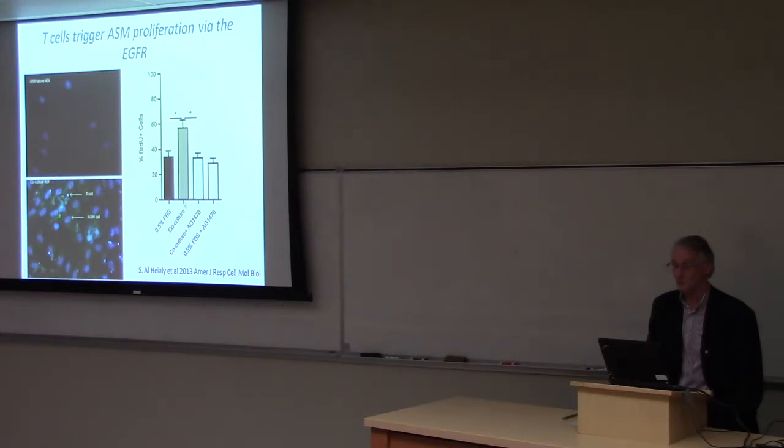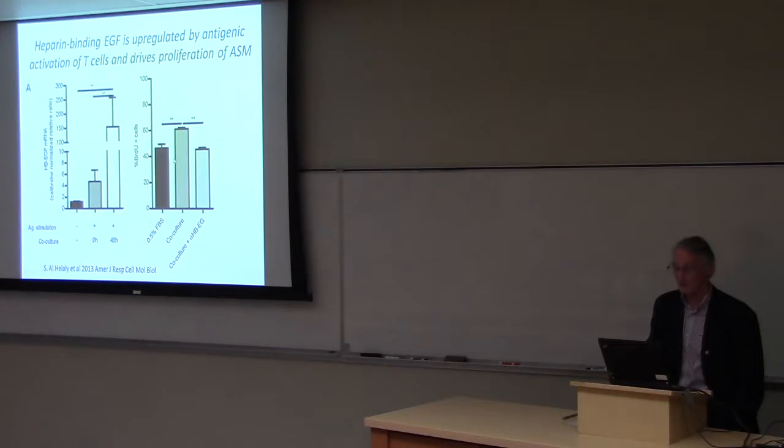So the co-culture causes the muscle to grow. Bromodeoxyuridine incorporation increases. If we use this AG compound, we can bring down the proliferation. And the AG compound on its own does very little to the baseline proliferation of the cells that are just exposed to some fetal bovine serum. So it looks like a similar mechanism accounts for the proliferation of smooth muscle in vitro in response to T-cell contact as it does in the intact animal.